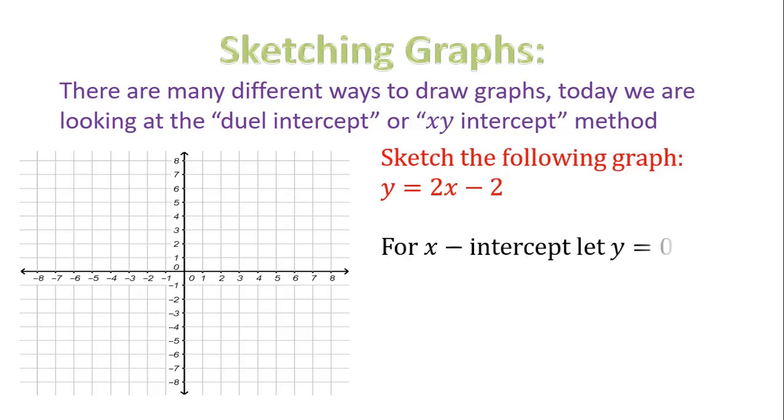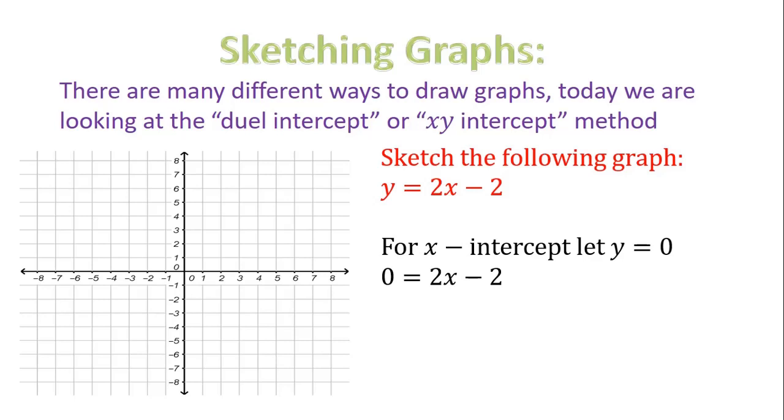For the x-intercept, I let y equal 0. In an example, you literally write that down. For x-intercept, let y equal 0. Then I take my equation, and instead of y, I put 0, and so I get 0 equals 2x minus 2. Now I solve for x.